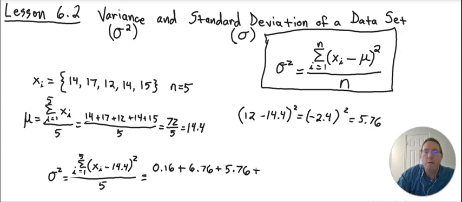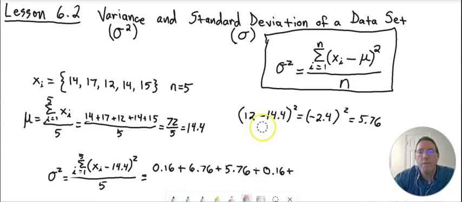And so the next number is 5.76 plus. All right, now we have to do the same thing with 14, but we already did it with 14 once, so we know we're going to get the same number, which is 0.16. Now we only have one number left to do it with. We've got to do it with this 15 right here, okay? All right, so let's go ahead and erase this 12 out of here, and we'll erase this stuff out of here, and we'll get a new number over here.